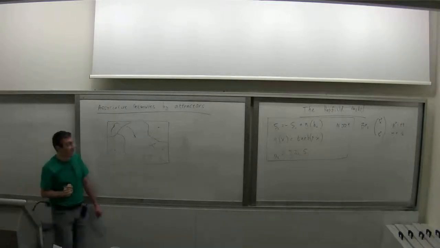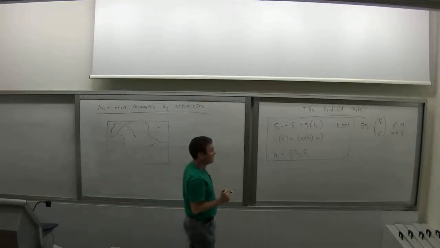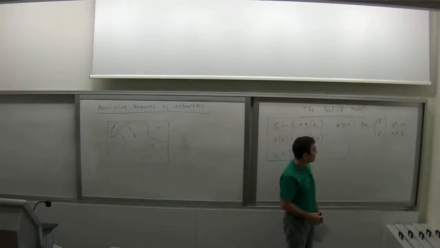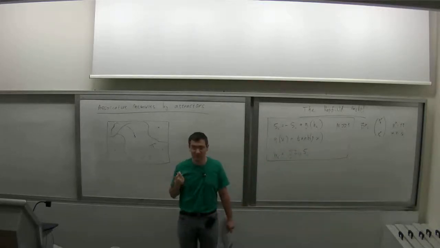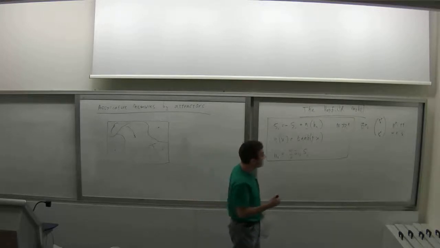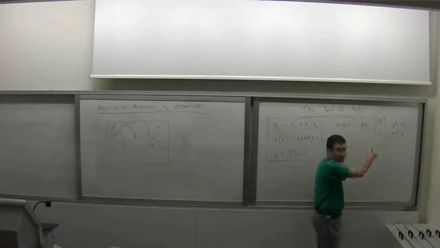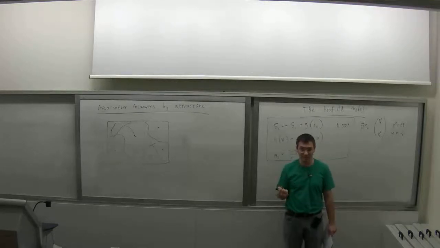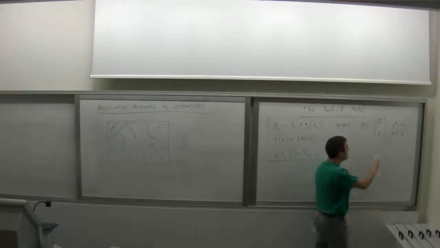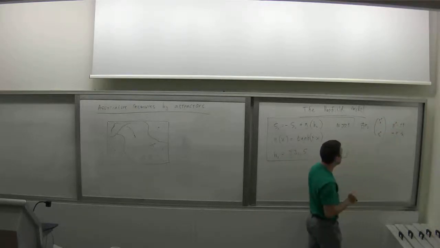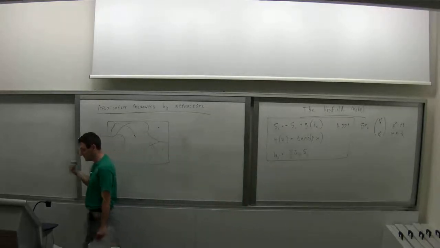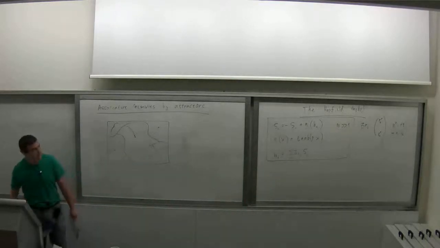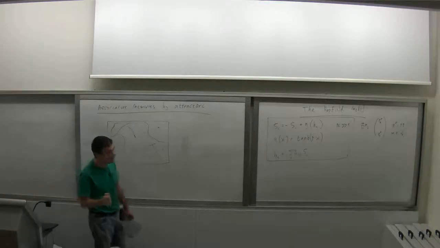What I'm assuming in this model is that memory patterns have this property that, on average, half of the neurons are active and half of the neurons are inactive, and that the activity of different neurons, and of the same neuron in different patterns, is independent.